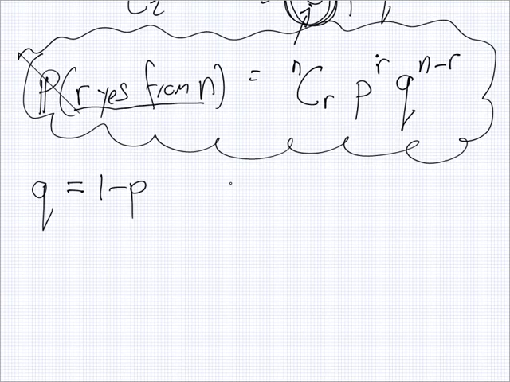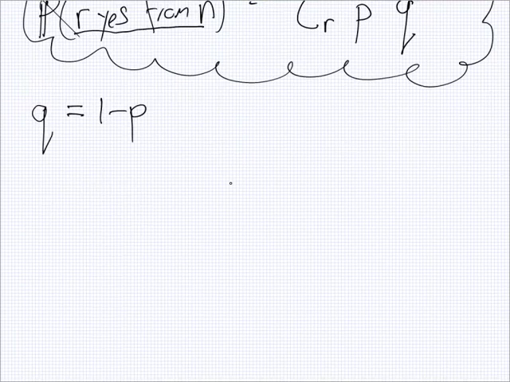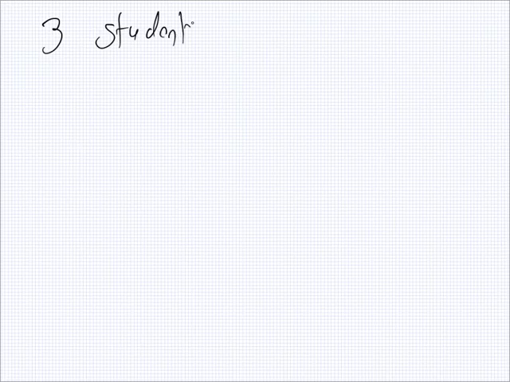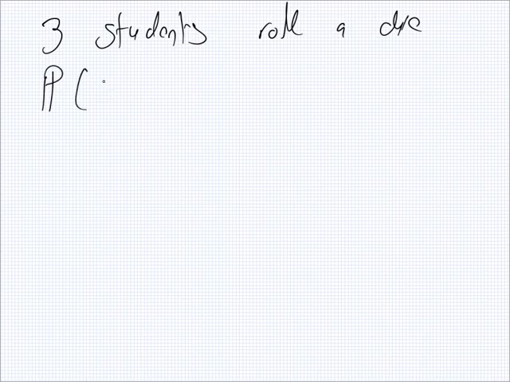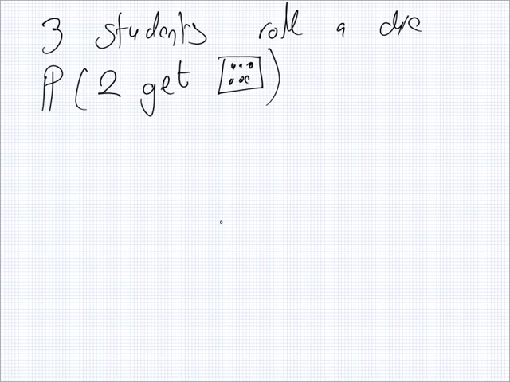Let's put in some numbers as an example. So in this example here, let's say we have 3 students roll a die, and I want the probability that 2 of them get a 6. So we'll write down the information.